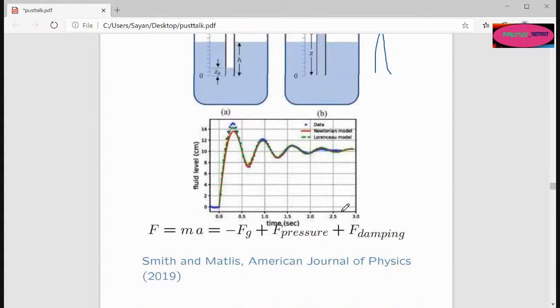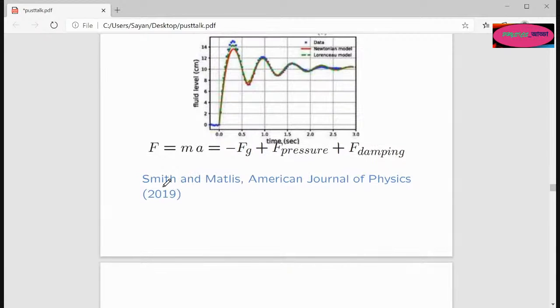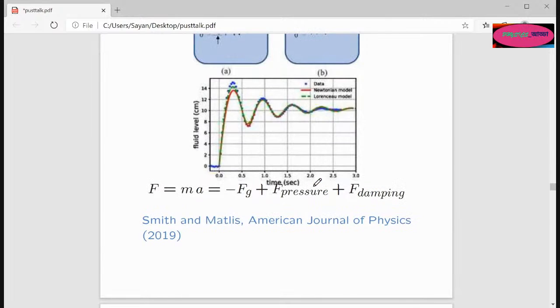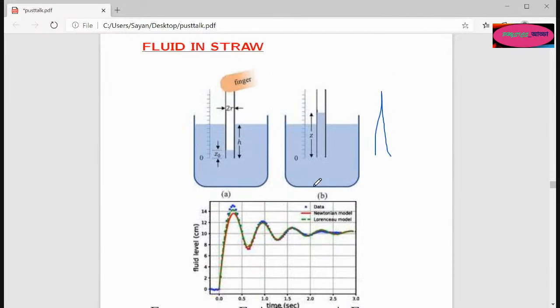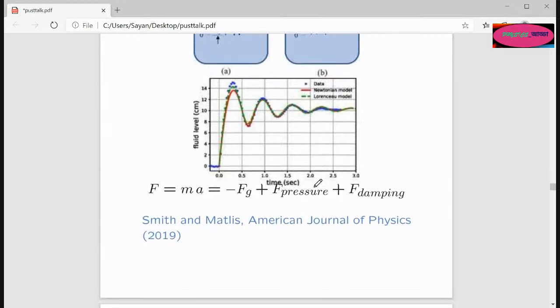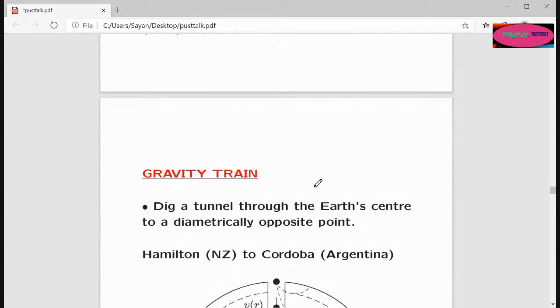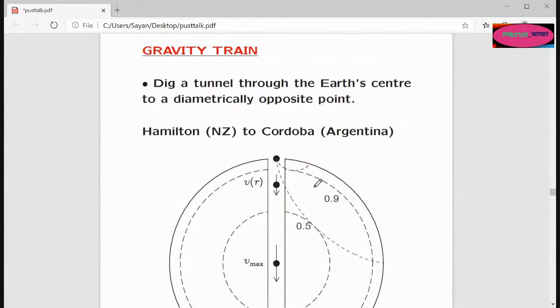And then you can follow the model. You can look it up in this paper by Smith and Matlis, also in American Journal of Physics. And you can learn a lot about oscillations from this. Okay. So let me move ahead with another one, which is something that you may be familiar with, which is called the gravity train problem.